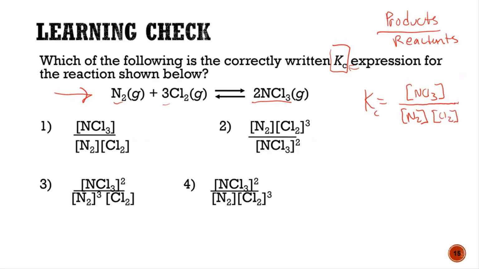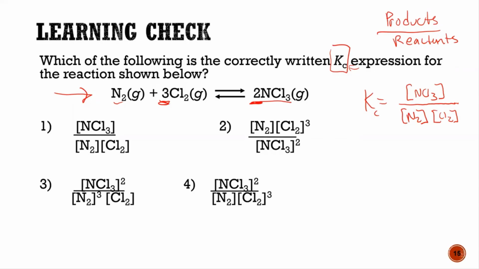But if I truly want to represent a proportionality for these concentrations for this reaction, what do I have to take into account also? The powers or exponents. Yes, I have to take into consideration the coefficients. And I said those coefficients have to be changed to exponents. I don't like saying superscripts because people get confused.